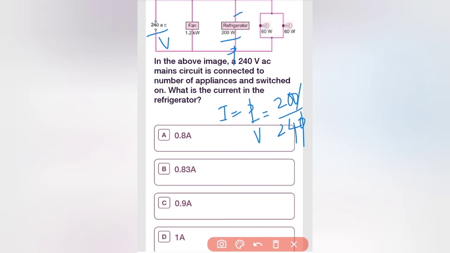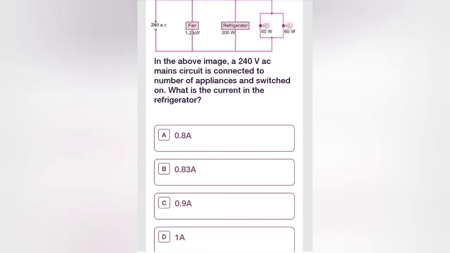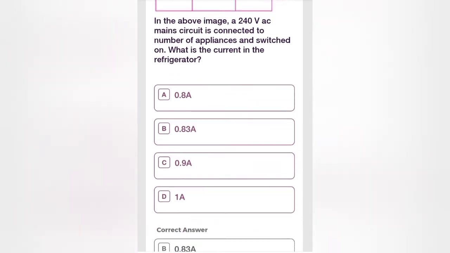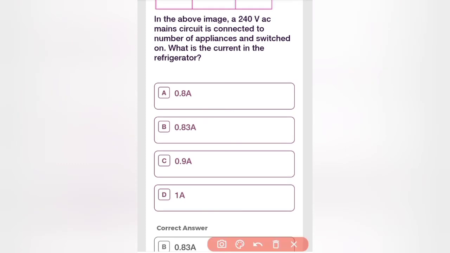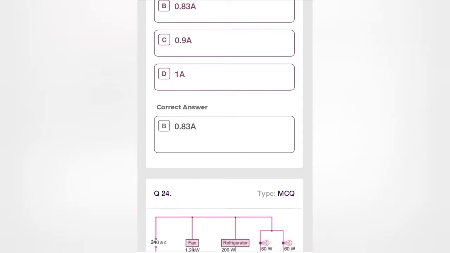If you cancel, you get 5 divided by 6. When you find the fraction, the option is 0.83. 0.83 is the correct answer.